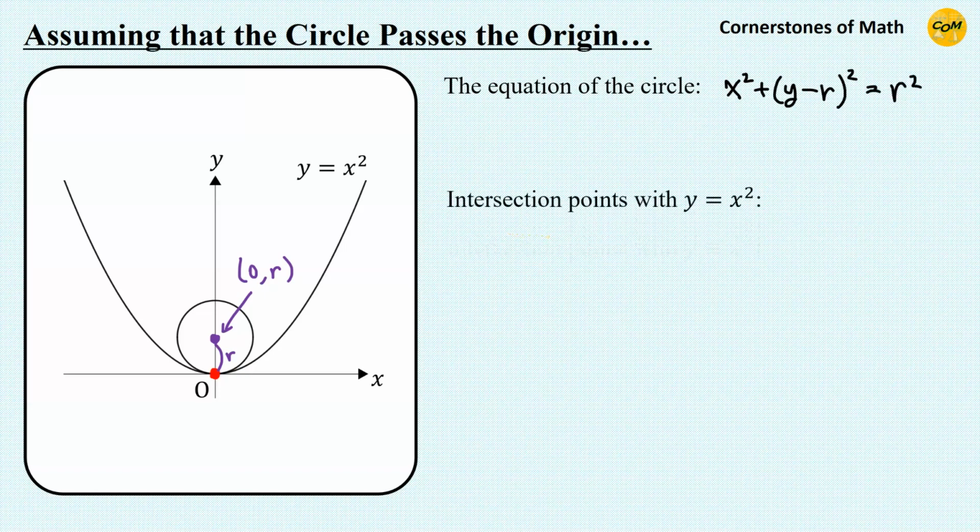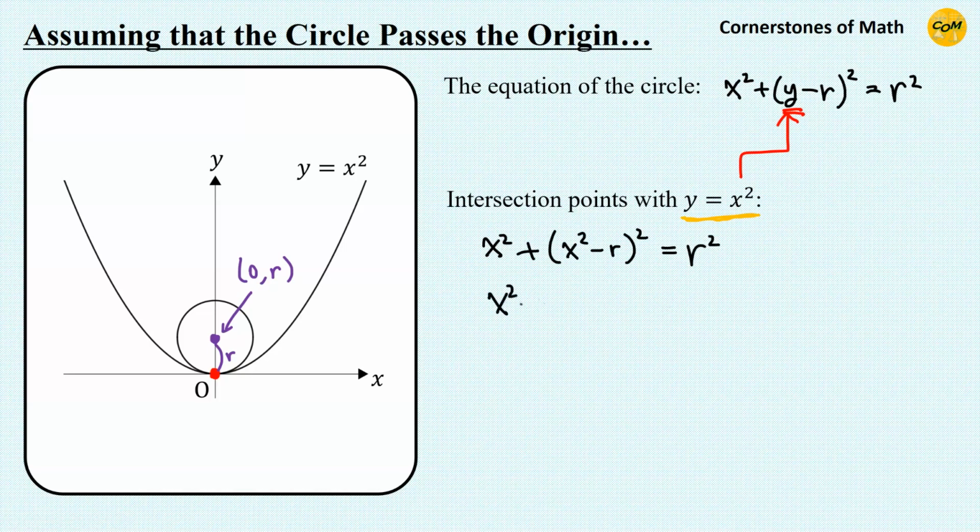Now let us find the x-coordinate of the intersection points between this origin-passing circle and the parabola y equals x squared. In order to do that, we replace y in the equation of the circle with x squared. Then we have x squared plus (x squared minus r) squared equals r squared.